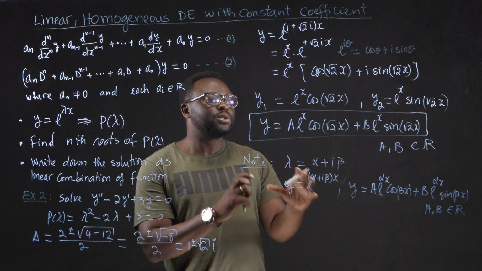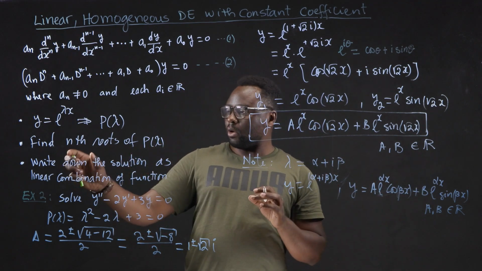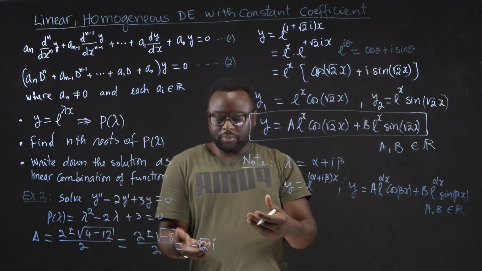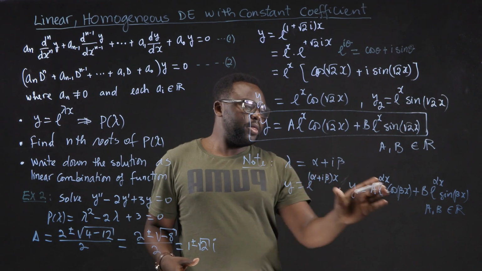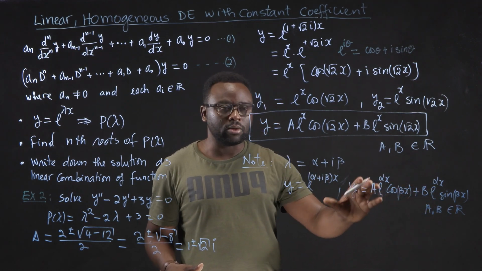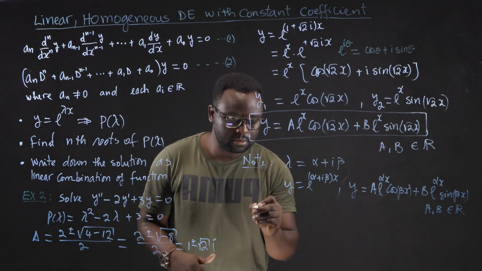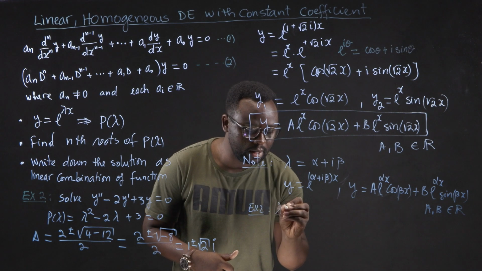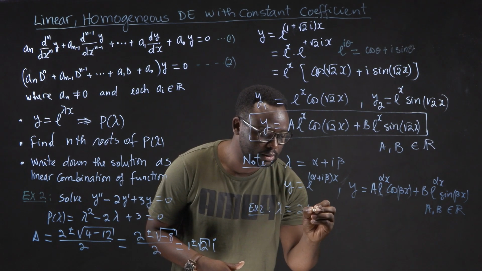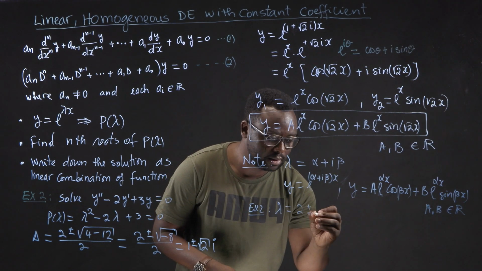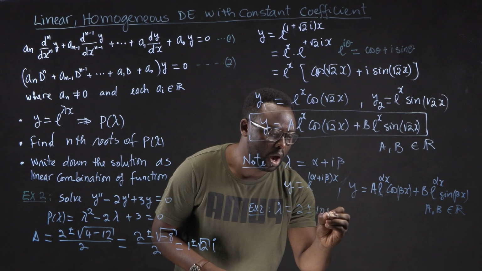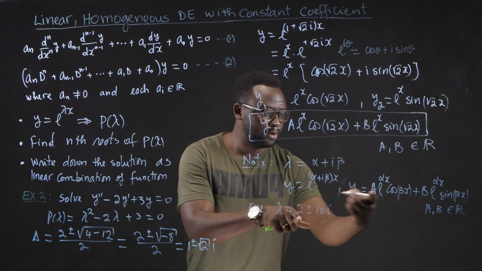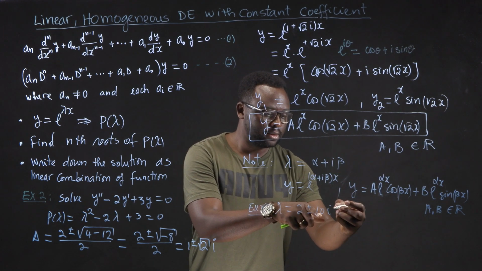So every time when you solve the auxiliary polynomial and obtain complex root, okay? If you obtain complex root of this form, then make sure that the solutions look like this, okay? For instance, this is an example: if I solve a polynomial and I obtain lambda equal 2 plus minus, let's say, 10i, then what is the solution here? Just use this. You know alpha, you know beta.